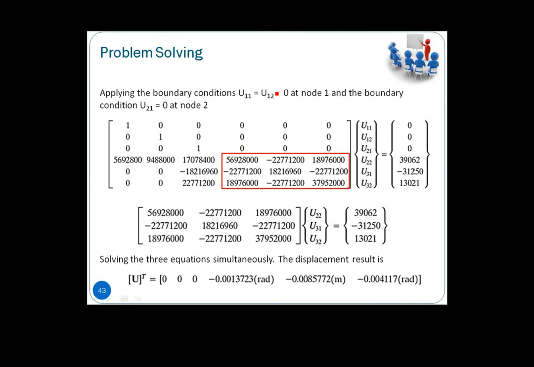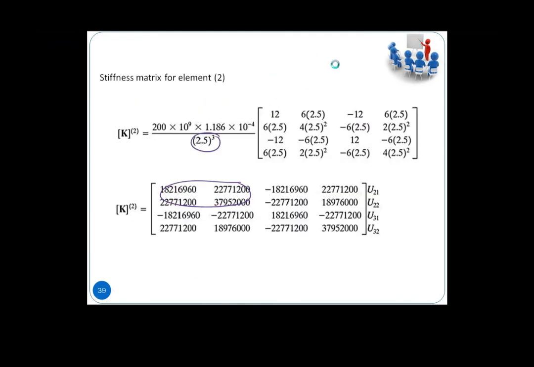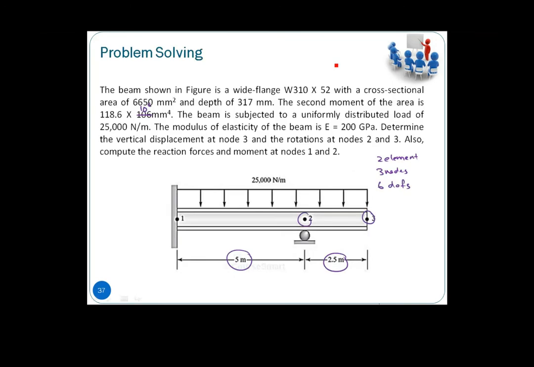Then we can put them into the global equation, K U equals F, 6 times 6, 6 times 1, 6 times 1. So we apply the boundary conditions. If you refer back to the question, here is fixed, here is just a joint, a pin, here a roller.